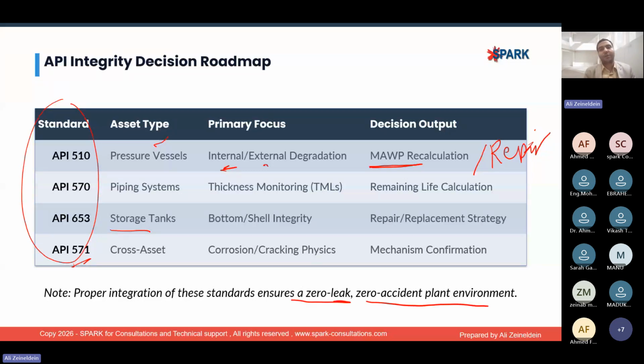So the main objective of this slide is to explain the integration between the standards, or inspection and integrity codes and standards, taking into our consideration also the inspection specification for the client itself. Finally, we have to achieve or ensure a zero leak and zero accident plant environment.